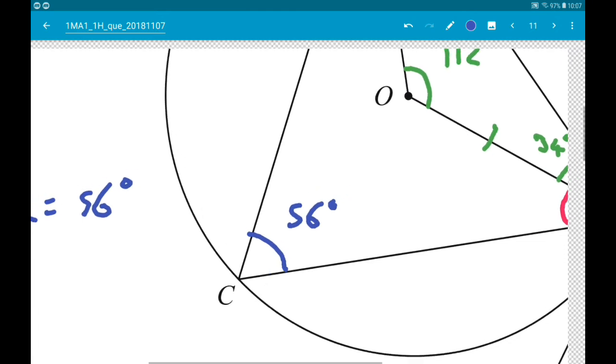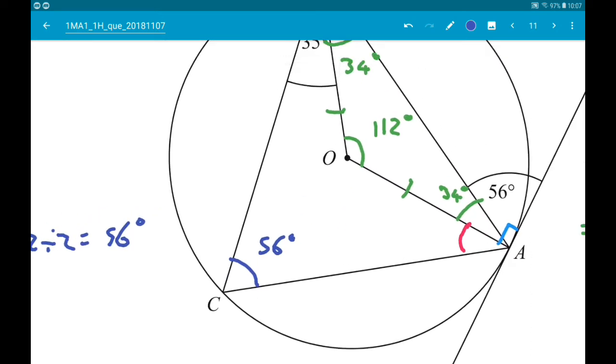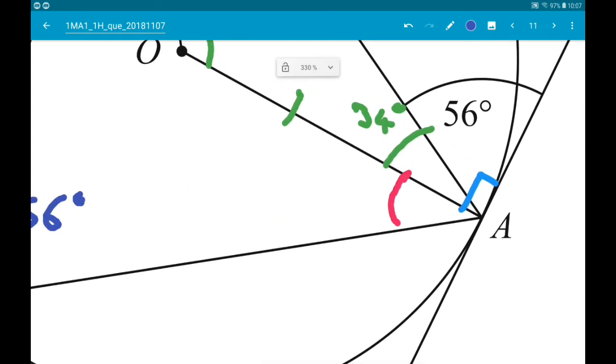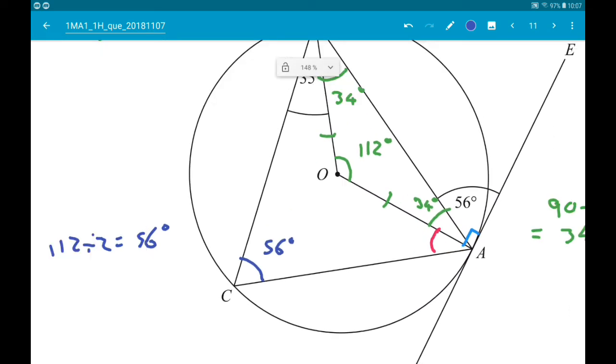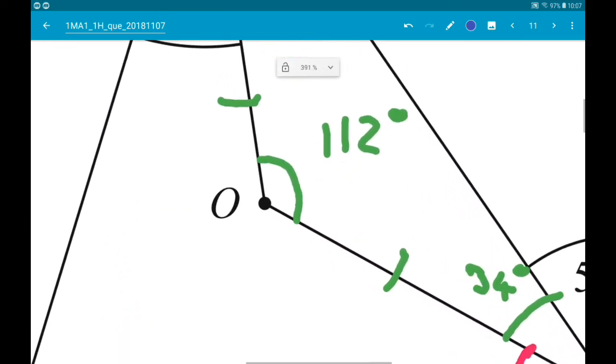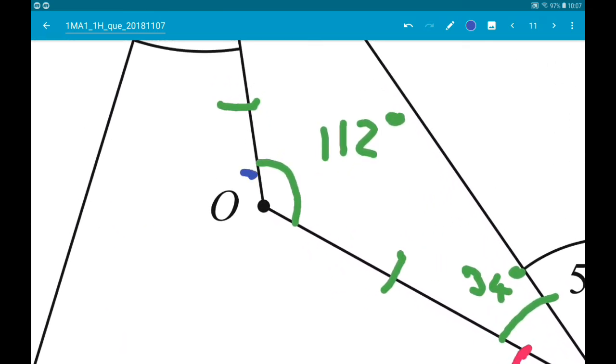Now then, the angle that we want, this guy, is inside of this arrowhead, which is a quadrilateral. So if we know the three other angles, we can work out this fourth one. Now the other one that we can work out is this guy. So that guy is 360 minus 112. So that is going to be 248.